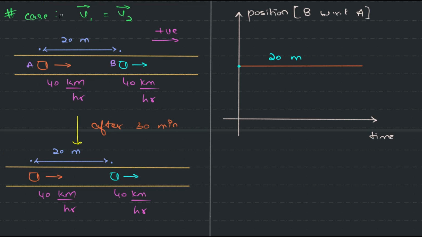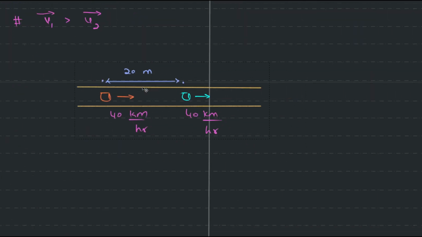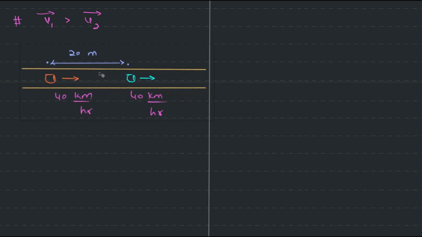But in this case, this is say 80. I'll call this A and this is B. That's convenient for me now. And this has a lot more velocity than this.